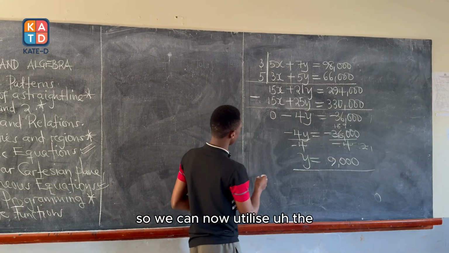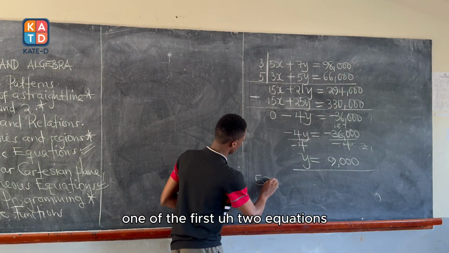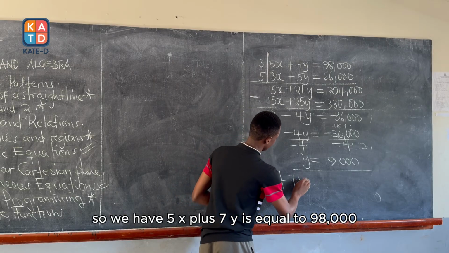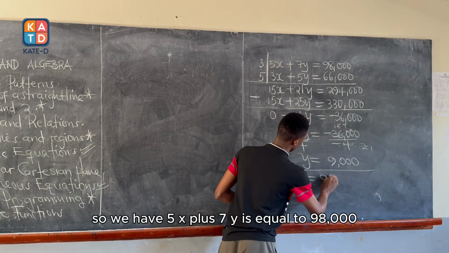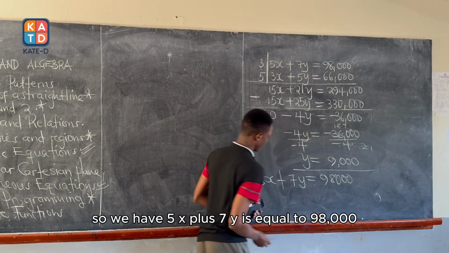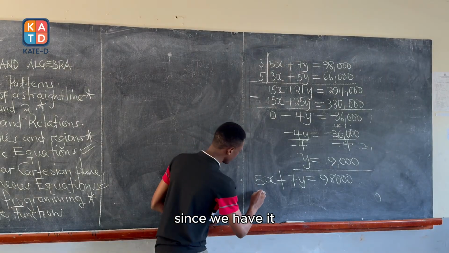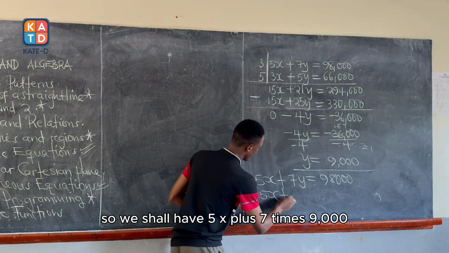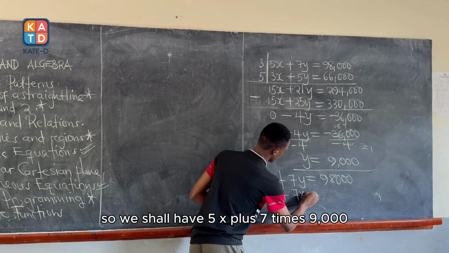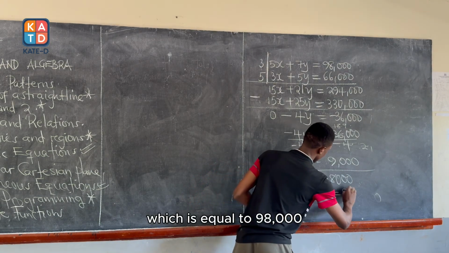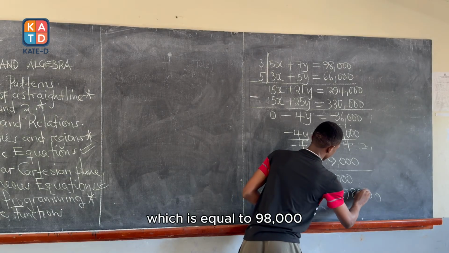So we can now utilize one of the first two equations. So we have 5x plus 7y is equal to 98,000. So we can now substitute the value of y since we have it. So we shall have 5x plus 7 times 9,000, which is equal to 98,000.